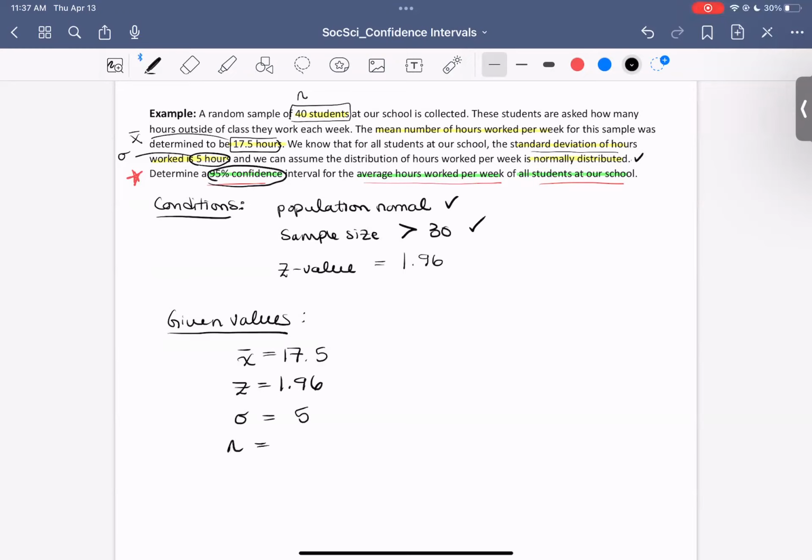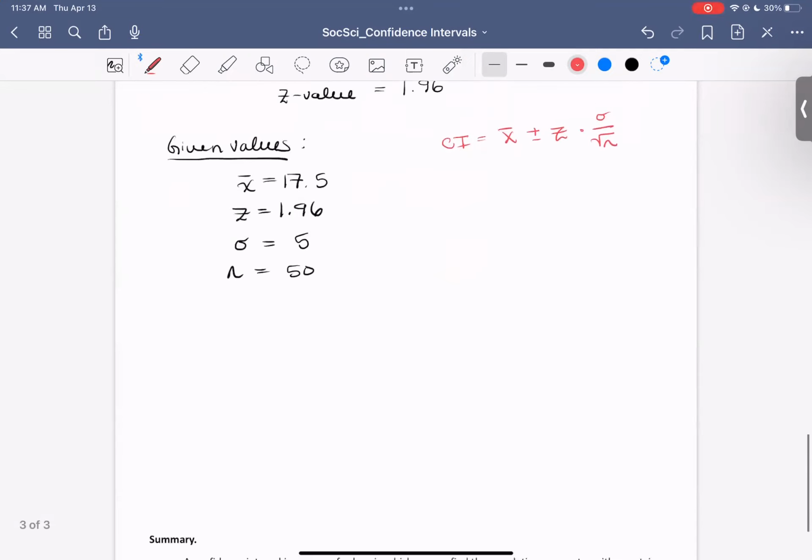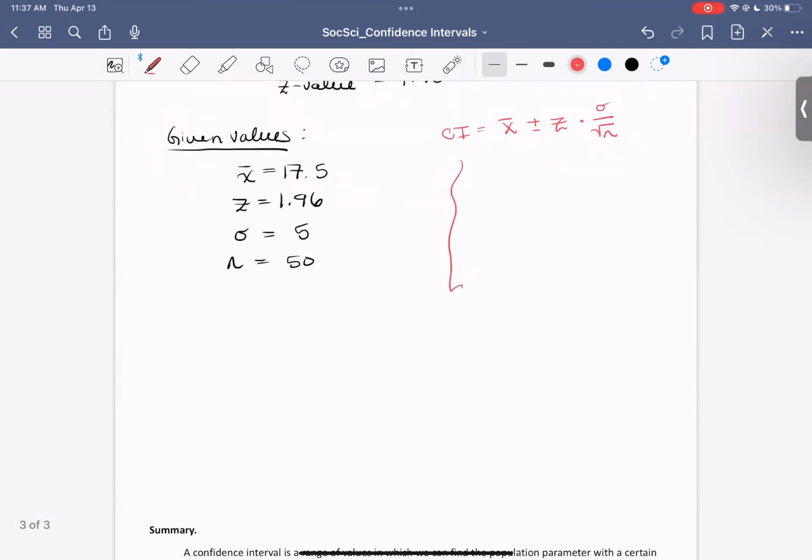And we have N equal to 40. So now we just need to plug these values into our confidence interval formula. So I'll write that formula out here again, just so we have it next to our work. That confidence interval is going to be equal to X bar plus and minus Z times sigma over root N. So let's go ahead and set that up for ourselves.